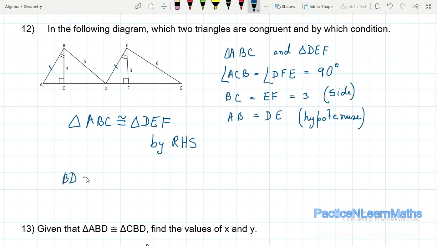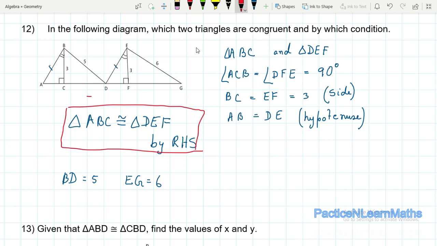The hypotenuses are different. If the hypotenuses are different, then the corresponding sides are not equal. That means that these two triangles are not congruent. So, the answer is triangle ABC is congruent to triangle DEF.